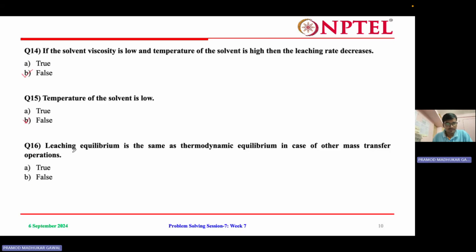Question number 16. Leaching equilibrium is the same as the thermodynamic equilibrium in the case of other mass transfer operations.